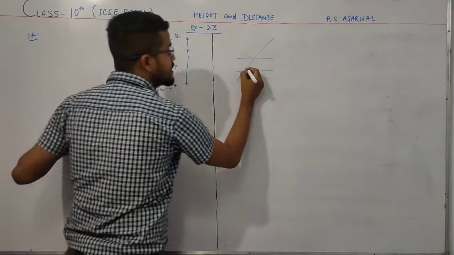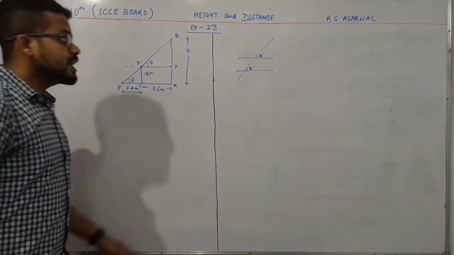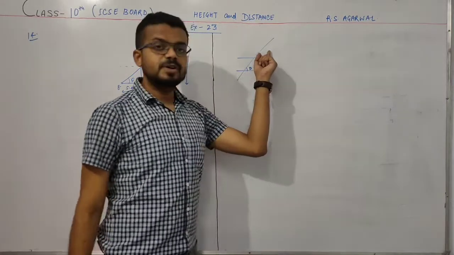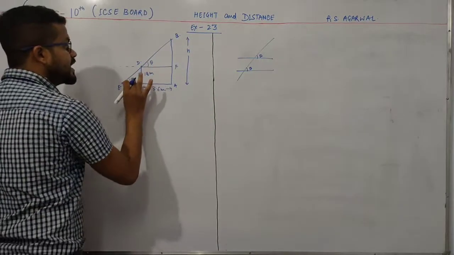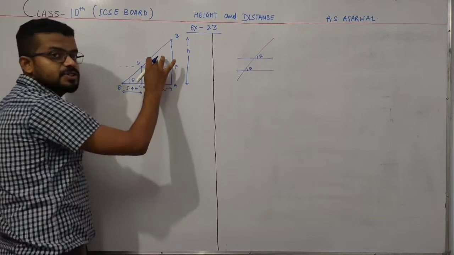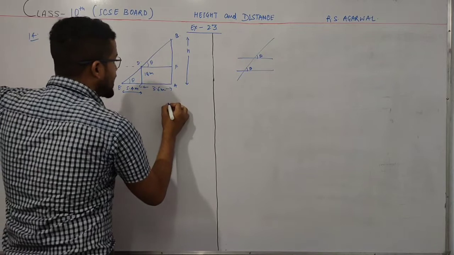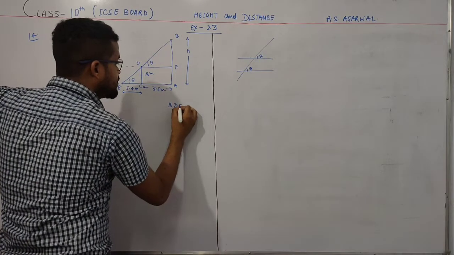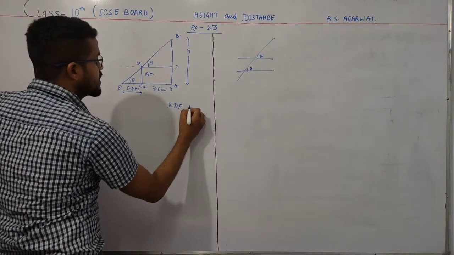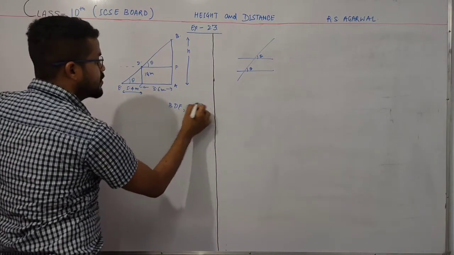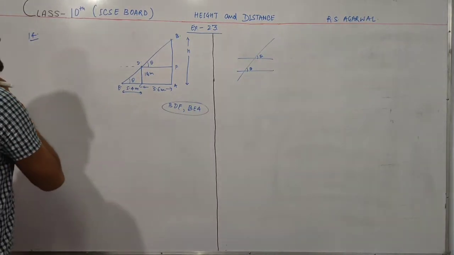So if this is theta, this will also be theta. By using this property, I write here this is theta, so this is also theta. Now here there are two right angle triangles. One is BDF, and the other is BEA. Both these are right angle triangles. So I use here the identity.